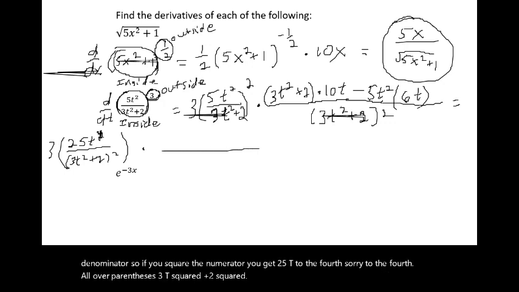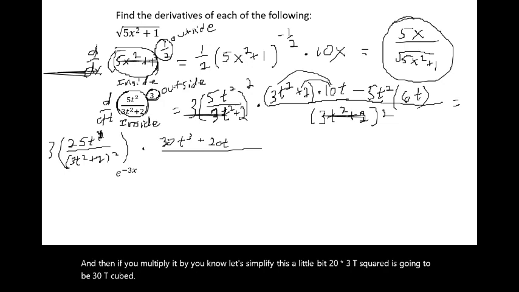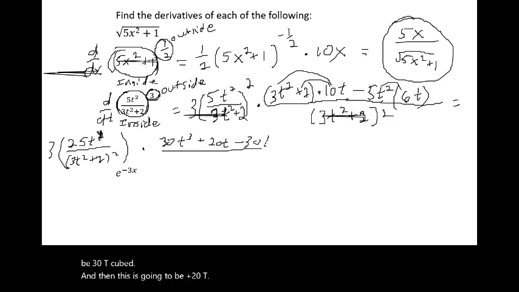And then let's simplify this a little bit. 10t times 3t squared is going to be 30t cubed, and then this is going to be plus 20t. And then minus 5t squared times 6t is 30t cubed, all over 3t squared plus 2 squared.